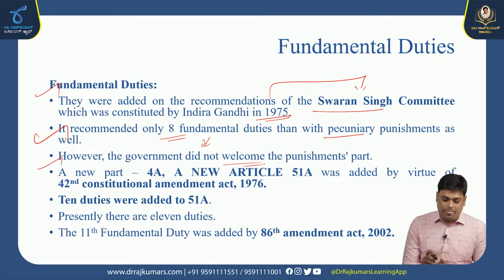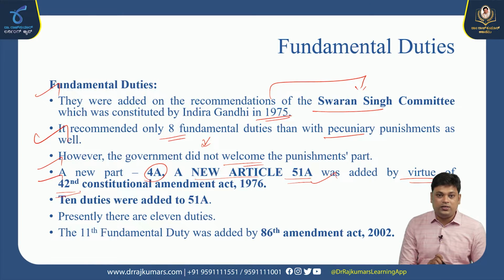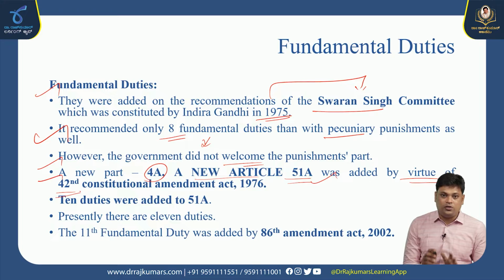A new Part 4A and a new Article 51A were added by virtue of the 42nd Constitutional Amendment Act of 1976. Article 51A provides the fundamental duties. 10 duties were added based on this article.